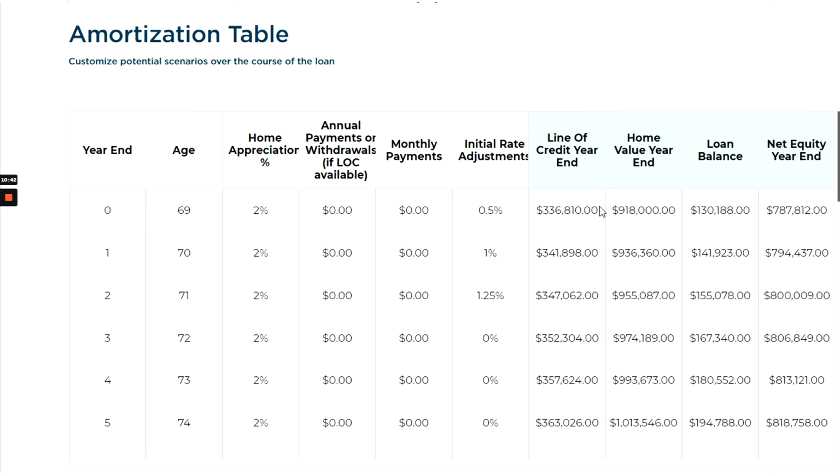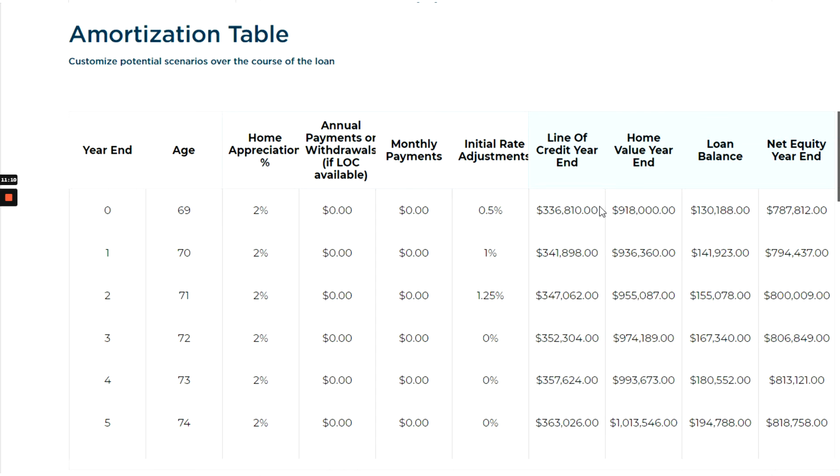Now, going back to the HECM for a moment, the loan is tied to something called the one-year CMT, or the one-year T-bill. It can go up or down no more than 2% per year. That's the HECM. And it has a 5% rate cap over the lifetime. So 5% over 4.86 is 9.86. That's the highest that rate can go on the HECM.